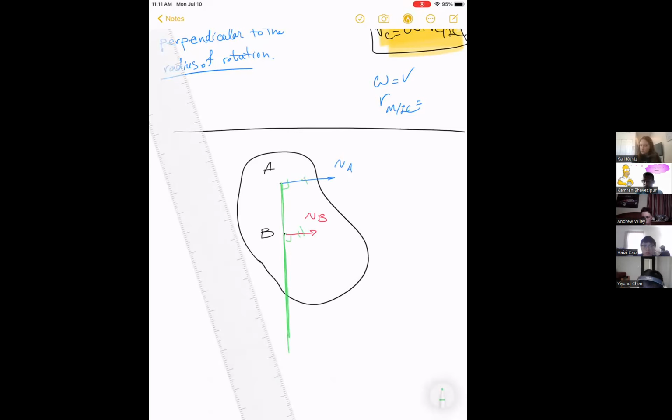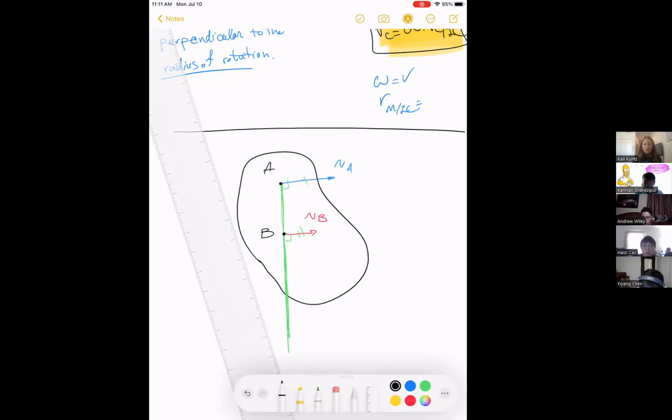You follow? So you have 2 points, point B, point A. They have velocities as I showed, and when you do the perpendicular, the two lines are on top of each other.